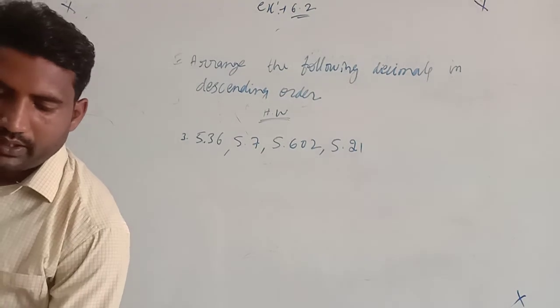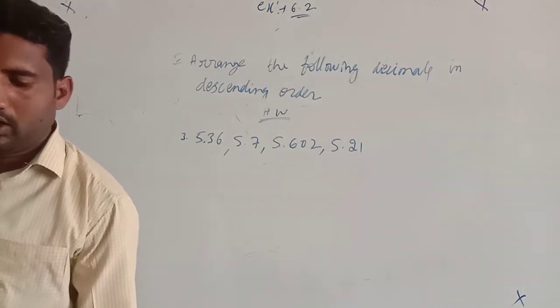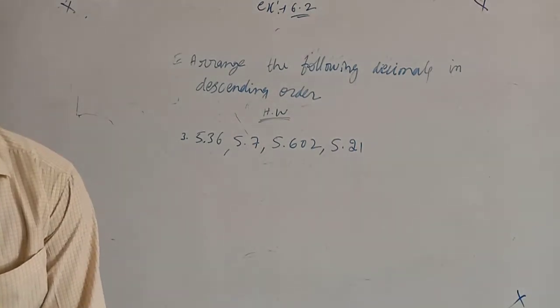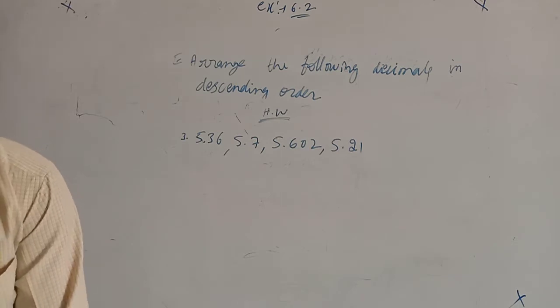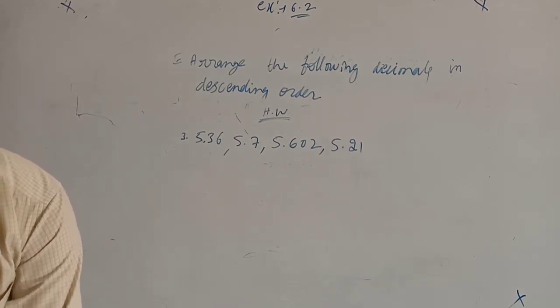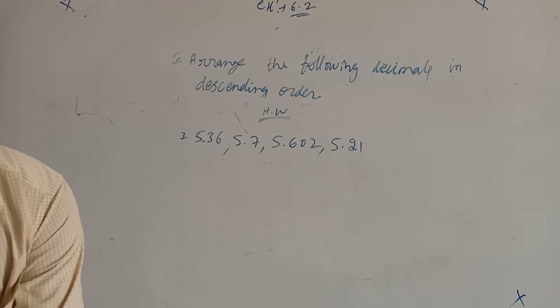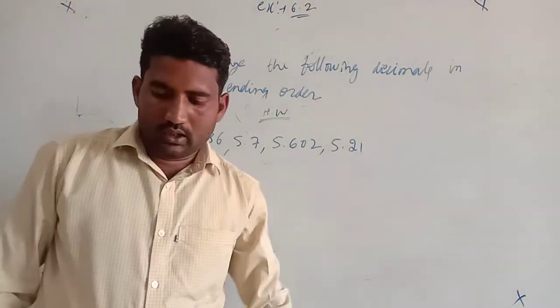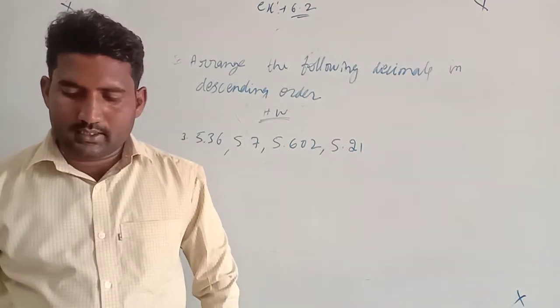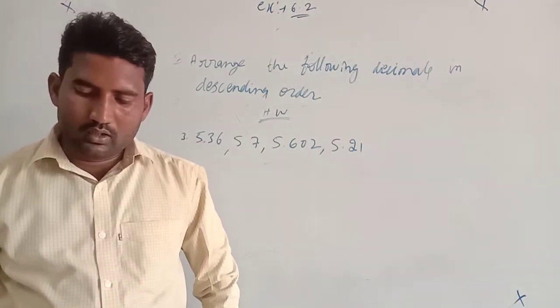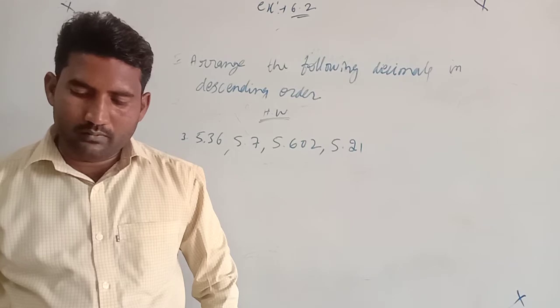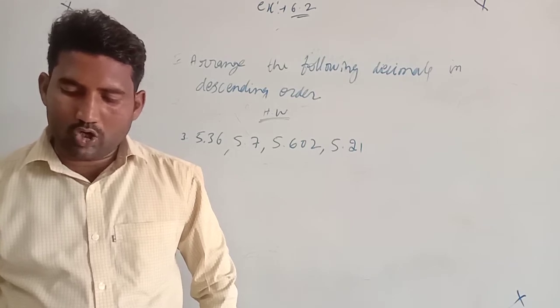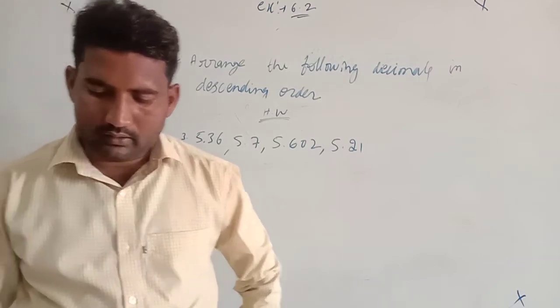So we have completed 6.1. Now we should go to exercise 6.2. In exercise 6.2, the first A main question says arrange in columns and add.